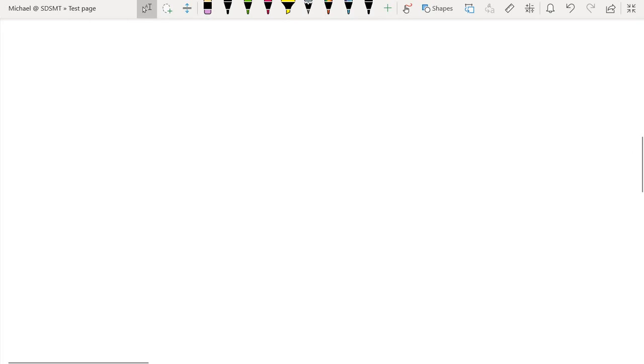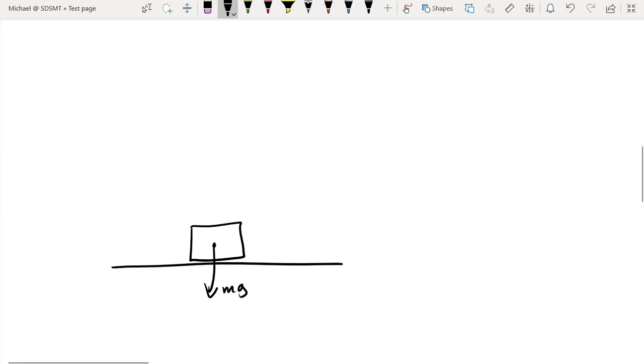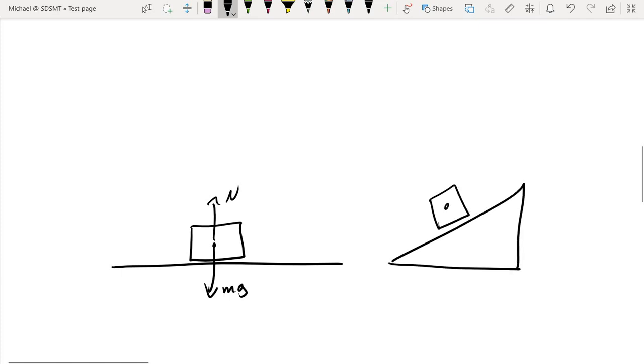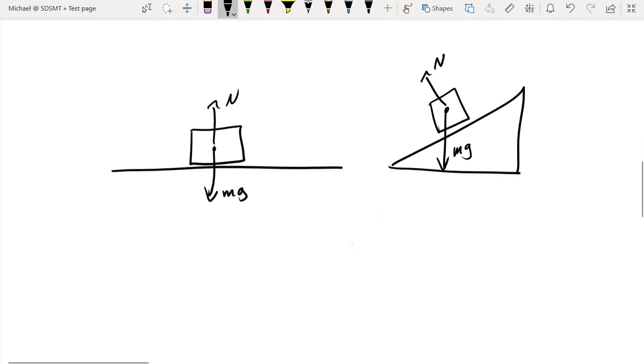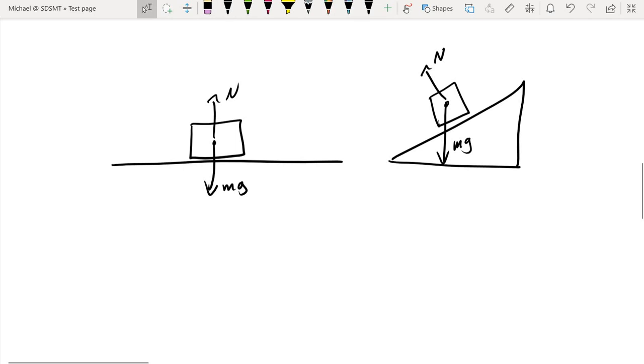Now, for a normal force, we've only really seen example problems where we have a mass that's sitting on a flat surface or maybe an incline. And in either case, we could produce a sum of forces that would tell us what the normal force needed to be. And I'm just going to go ahead and skip ahead and write those out.